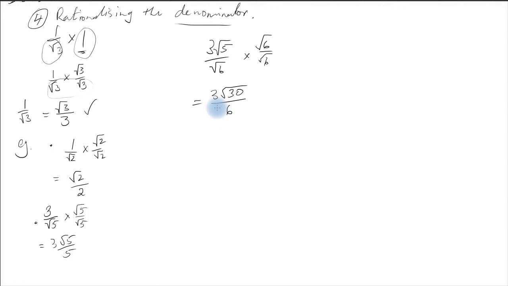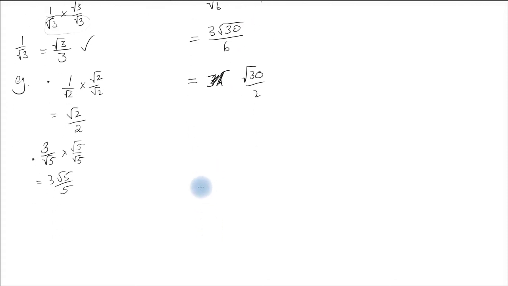Okay, so now our 3 and our 6, we can make that slightly more simple because 6 is, of course, 3 times 3. So that is 3 root 30 over 6, which simplifies to root 30 over 2. And that's as simple as it can get. Okie dokie. So there we go, rationalizing the denominator, and I think you can see the pattern going on fairly clearly there.